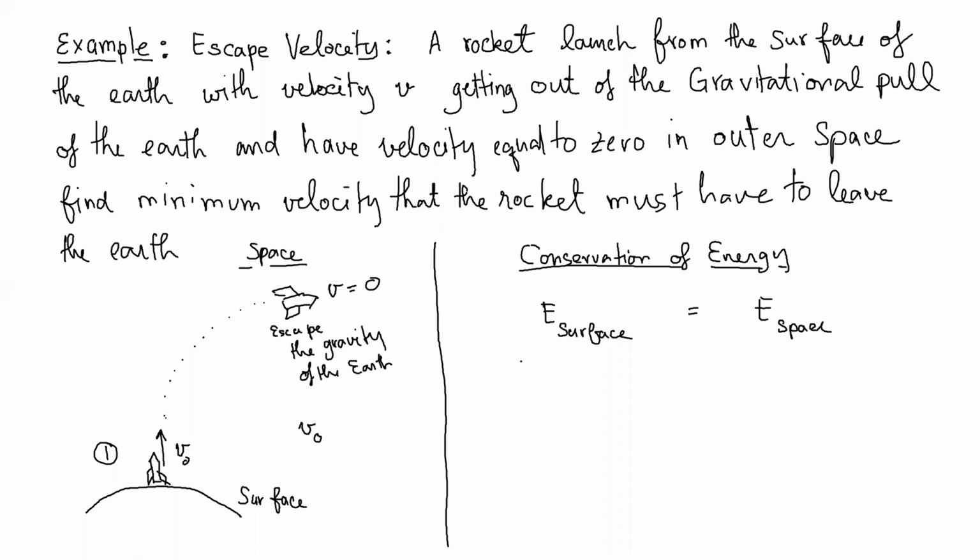So at the surface, you have kinetic energy plus the potential energy at the surface. And outside, it is 1/2 mv squared in space plus the potential energy in space.